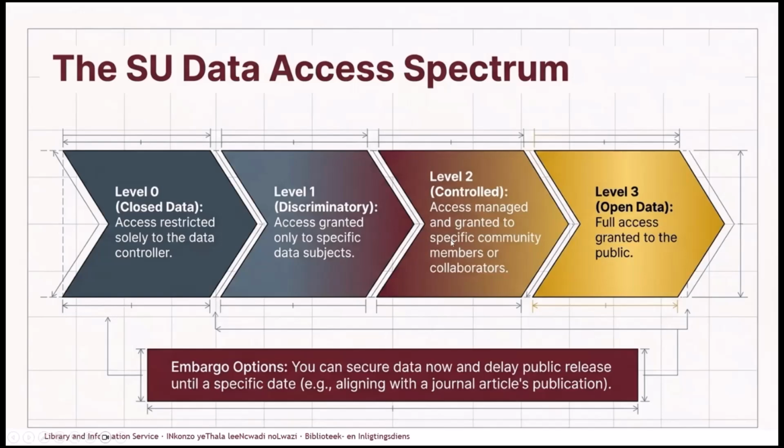Just to clarify, on level 1, access can only be granted on request. So you can allow the option for somebody to request access to the data. Sometimes it's sensitive data, but there are no rules in place that restrict sharing of the data.